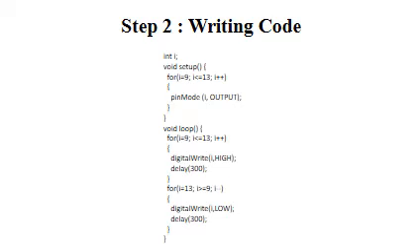Void setup is technically a function that you create at the top of any program. The loop is another function that Arduino uses as a part of its structure. The setup function will only run once after each power off or reset of the Arduino board.